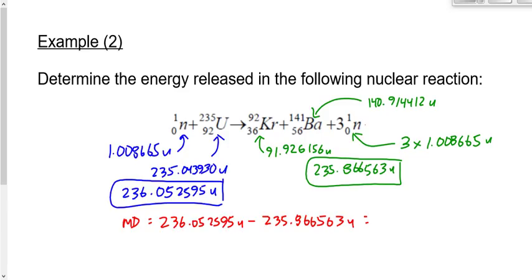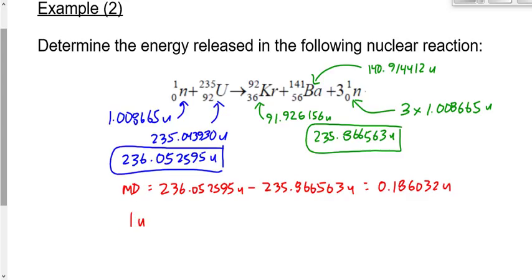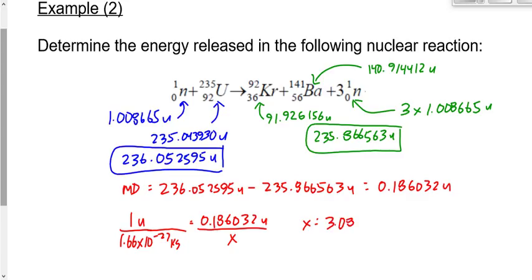It gives me a mass defect of 0.186032 atomic mass units, which I want to convert to kilograms. Here's my mass defect in kilograms, which I now convert to energy by using E is equal to mc squared.